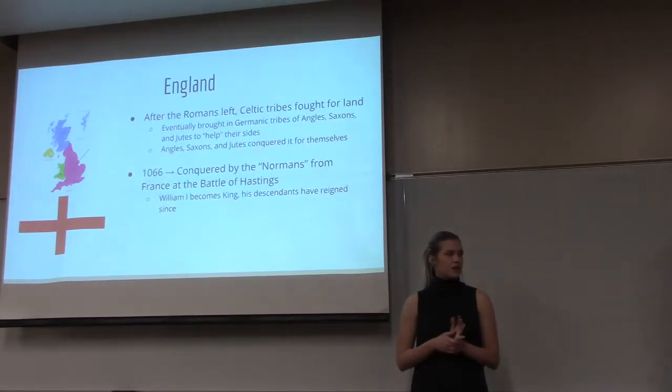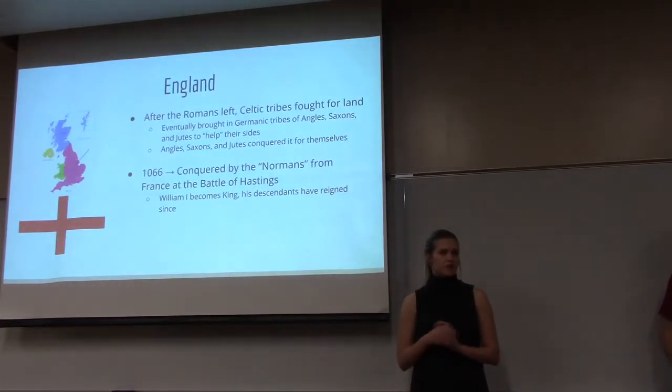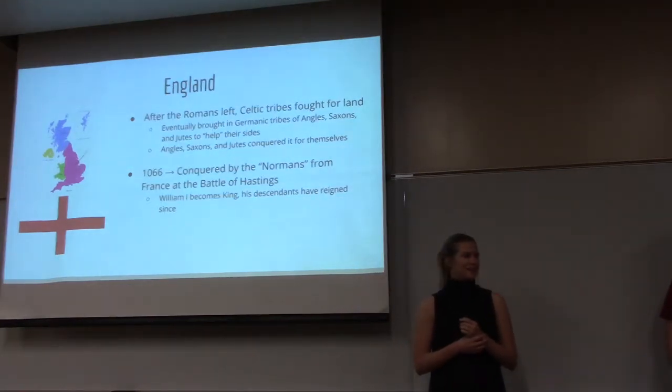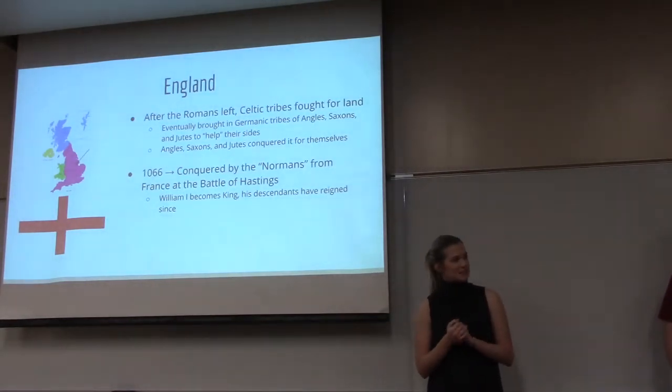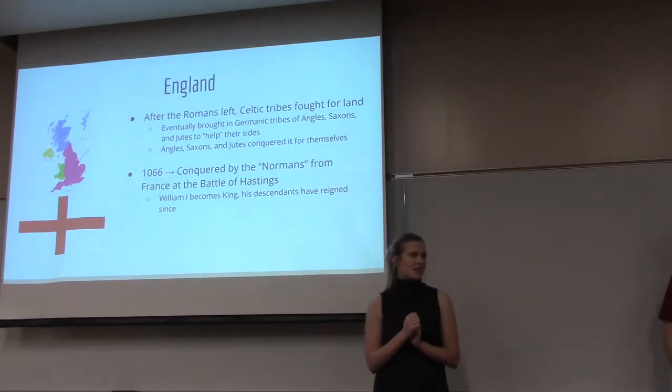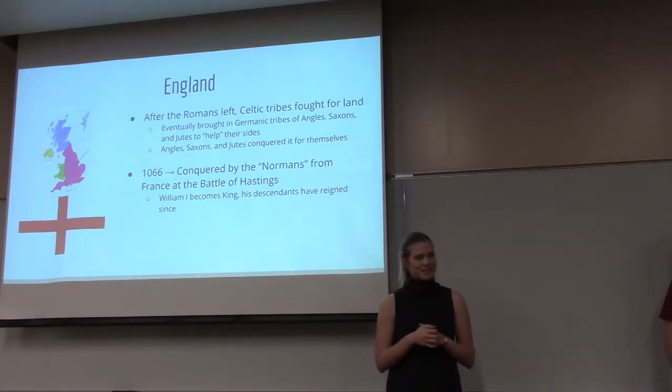Celtic tribes fought for this land after the Romans left, and eventually brought in the Germanic tribes of the Anglo-Saxons and Jutes. They conquered it for themselves in the end, and then eventually in 1066, the Normans took it from France at the Battle of Hastings, and William I becomes king.